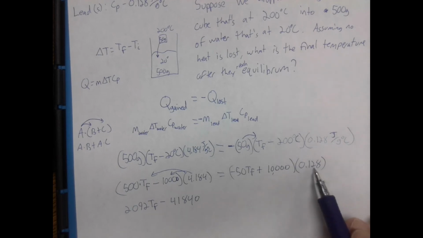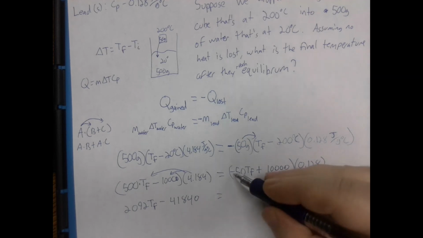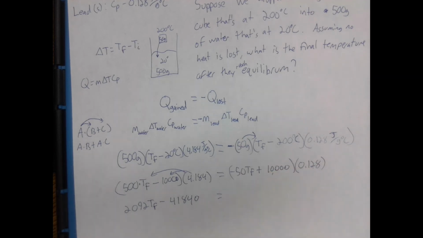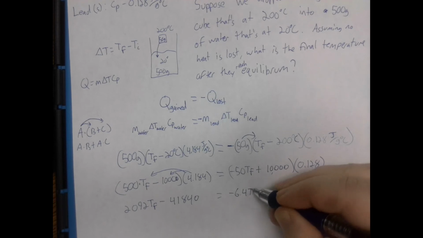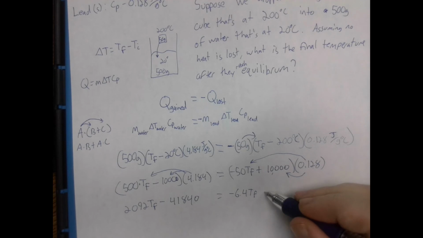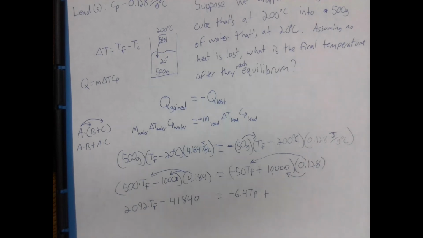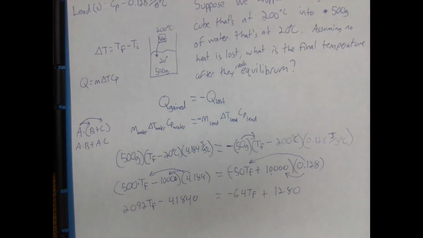And now we multiply this to everything in the parentheses. Negative 50 times 0.128 is negative 6.4 TF. We multiply this over here and multiply that by this. Let me double check on that.